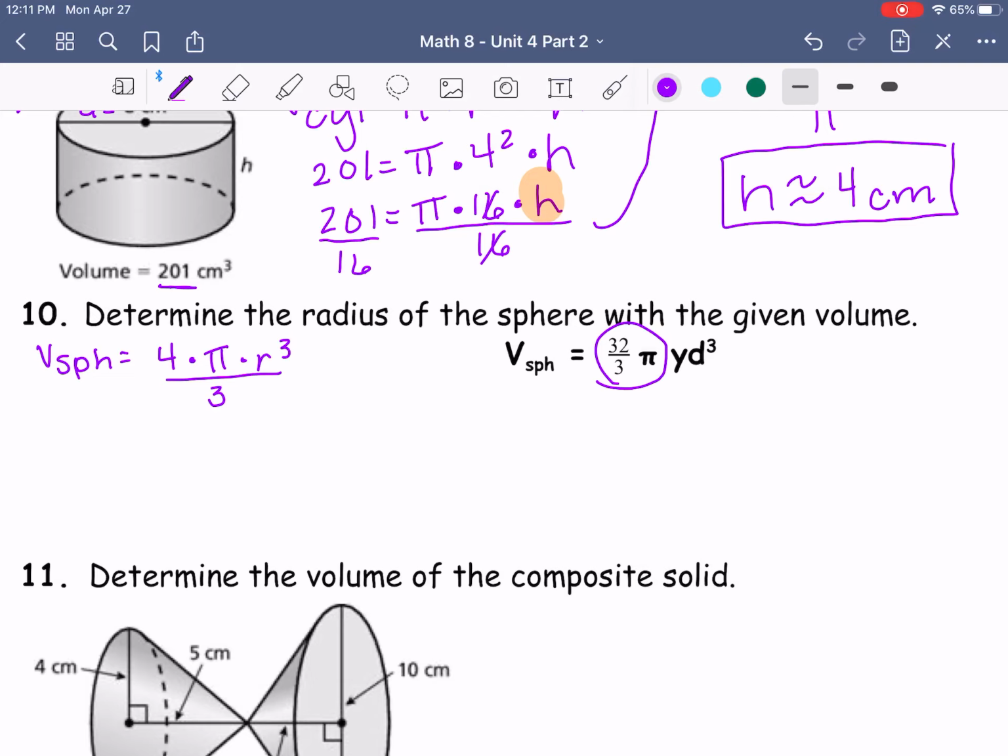Well, we know our volume is that 32 over 3 pi. So we're using that information to get our radius value. The first thing that we are going to do is, instead of dividing by 3, we're going to eliminate that by multiplying by 3 on both sides.